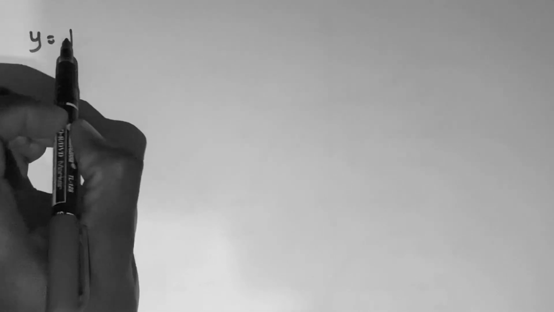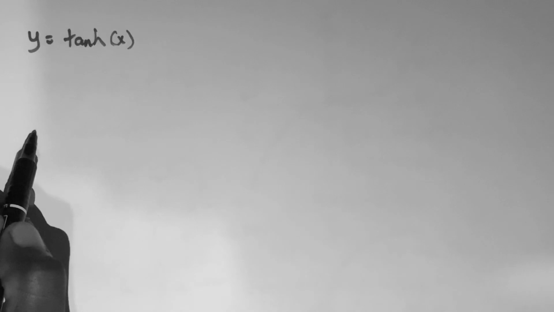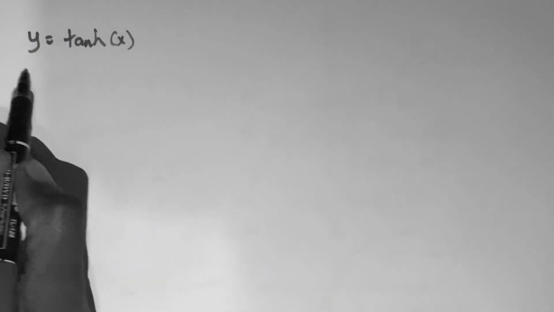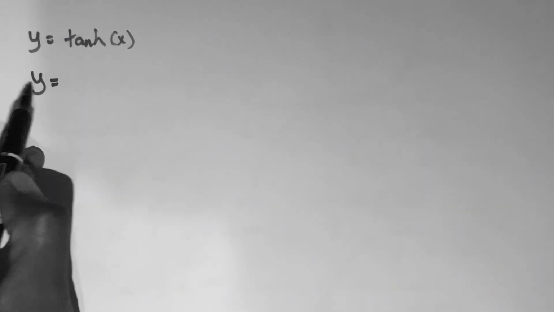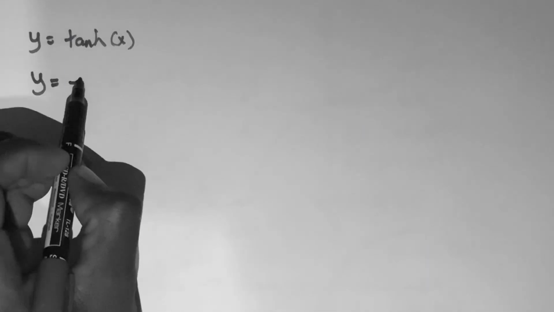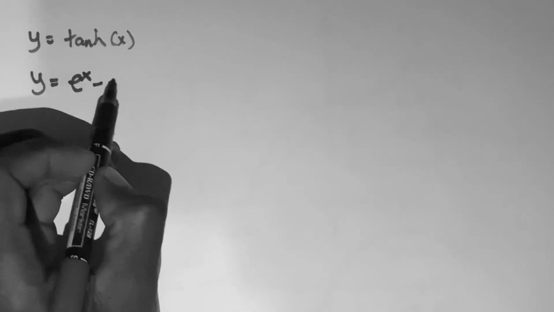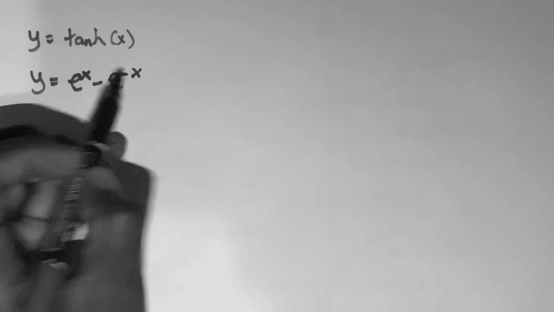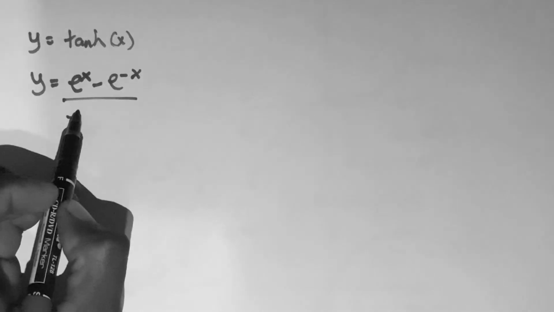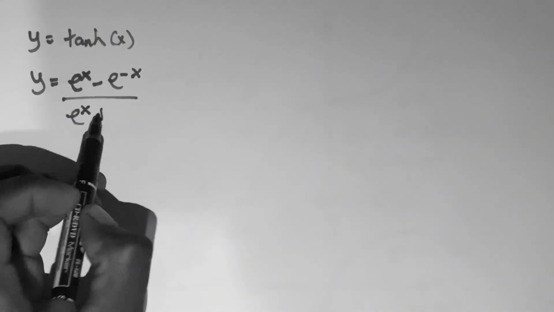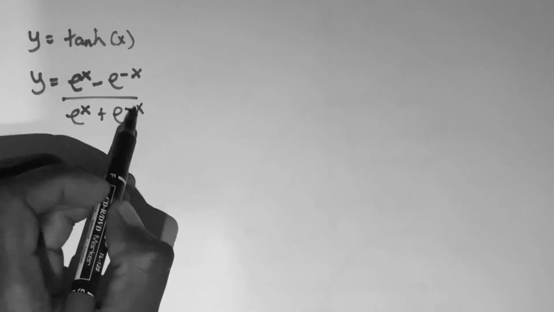So what if y is equal to hyperbolic tan x? How will the graph of y equals hyperbolic tan x look like? Let's define the hyperbolic tan. Know that y is equal to exponent x minus exponent minus x divided by exponent x plus exponent minus x.